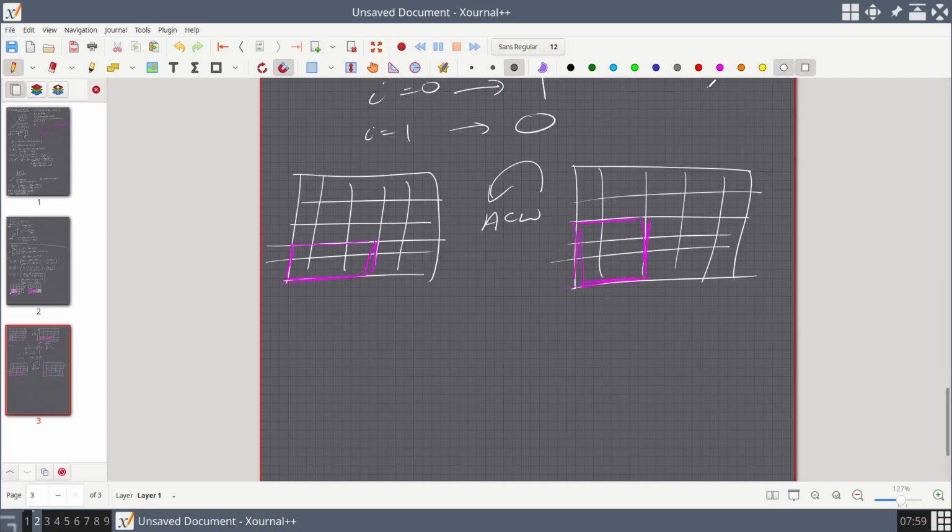But our mapping is different. So, looking at it in terms of ij, where i counts left to right. So we go 0, 0, 1, 0, 2, 0, 0, 1, 1, 1, 2, 1.